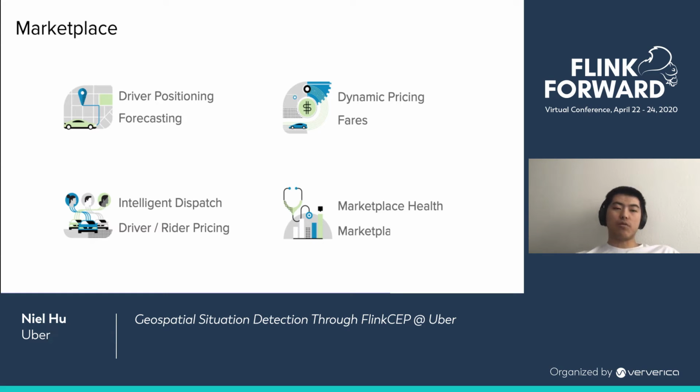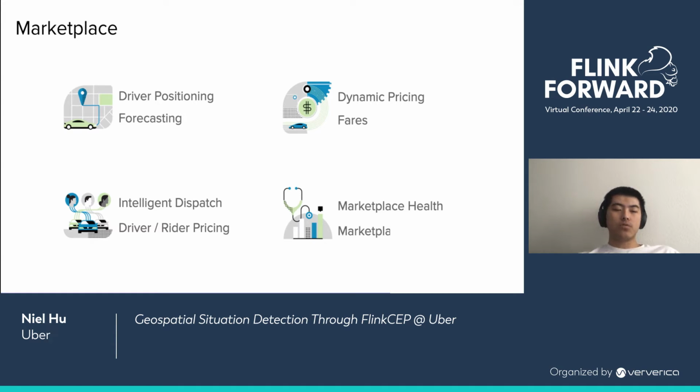Marketplace consists of multiple teams. We have the forecasting team, who are responsible for predicting and forecasting the state of the world using various cutting-edge machine learning methods. We have the dynamic pricing team, whose dynamic pricing platform computes the surge multiplier for every trip, for every request. Every time you open your app, the surge multiplier is computed by that platform in real time.